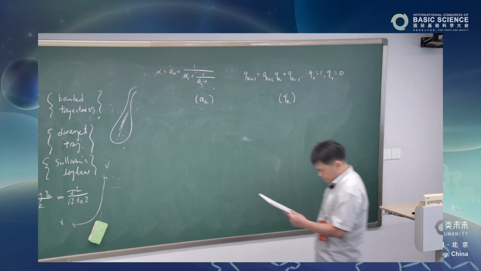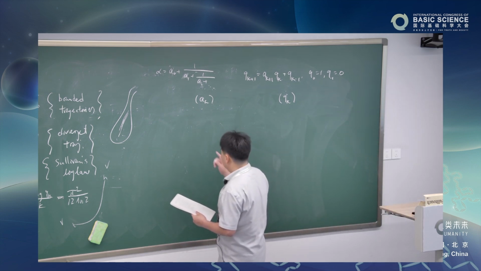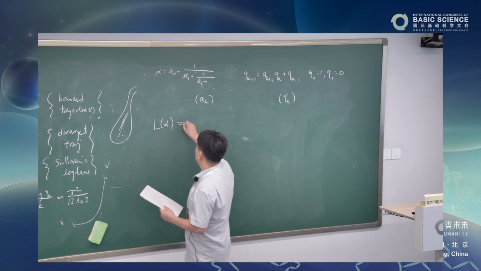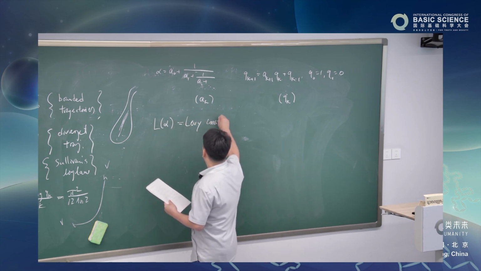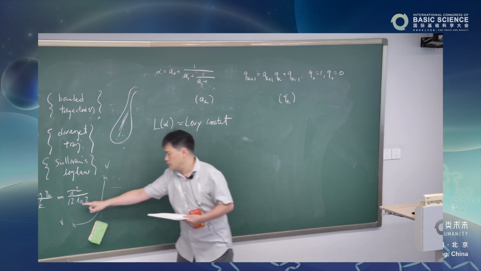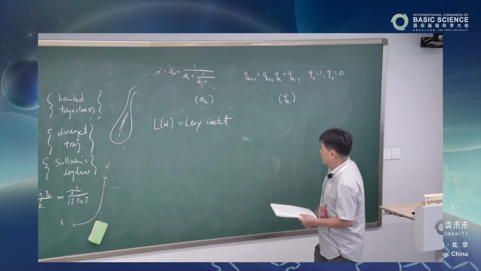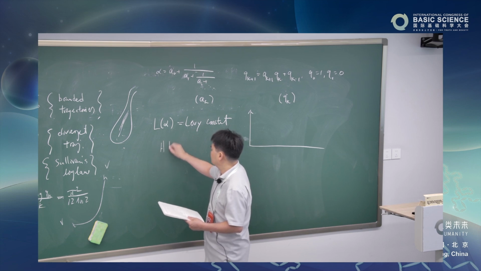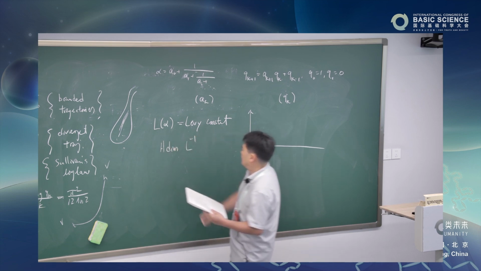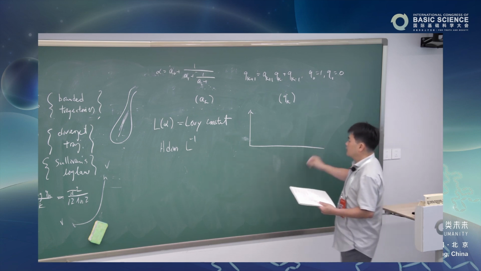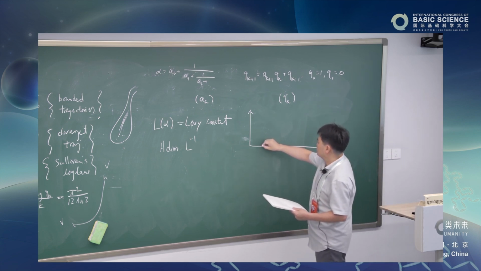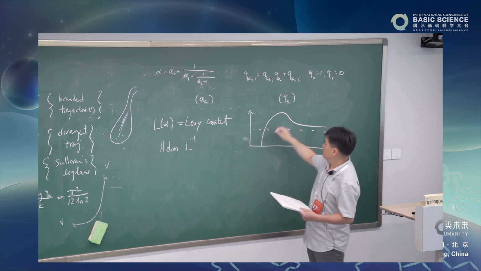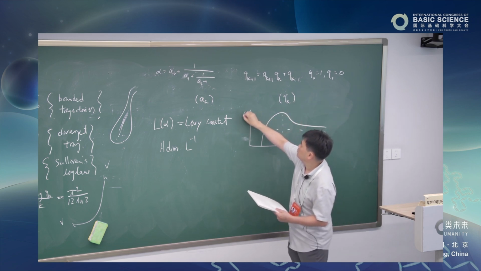I'll be very, very short here. So you have a function. We know this function is almost everywhere equal to this number. It is expected, and maybe known, that if you compute the Hausdorff dimension of L inverse of a number, it looks something like this. The almost everywhere constant is where the Hausdorff dimension is equal to 1.